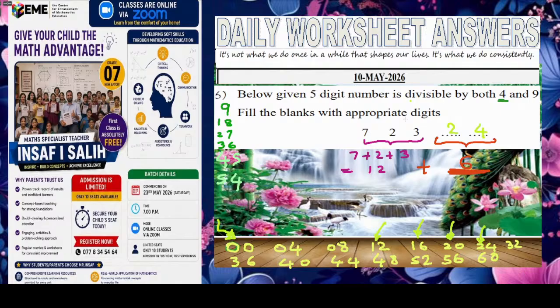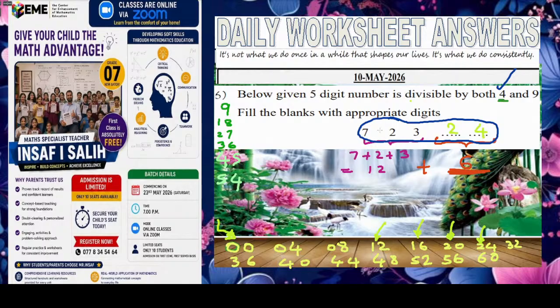Now, what can we say about this number 72,324? Since the last two digits form the number 24, 72,324 is divisible by 4. Is it divisible by 9? Yes.